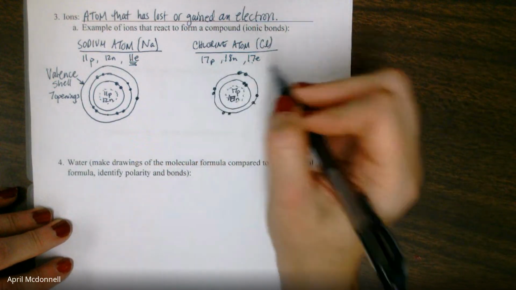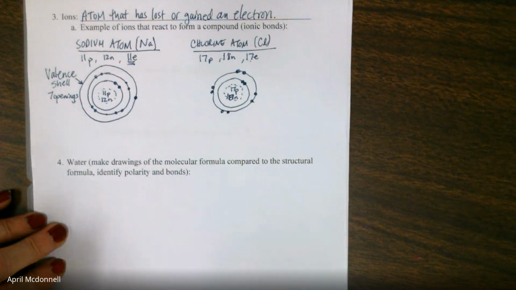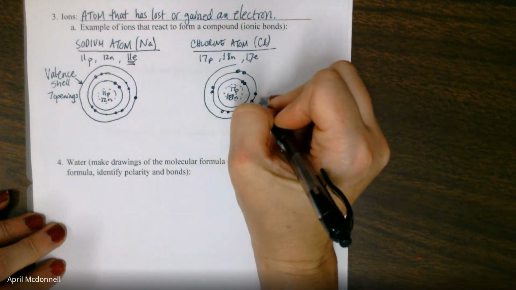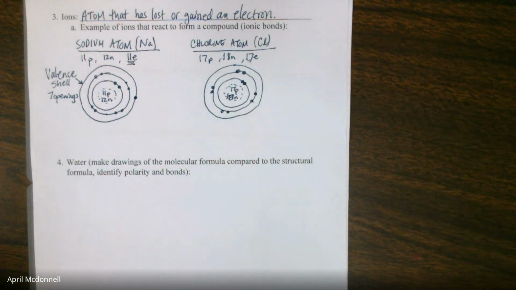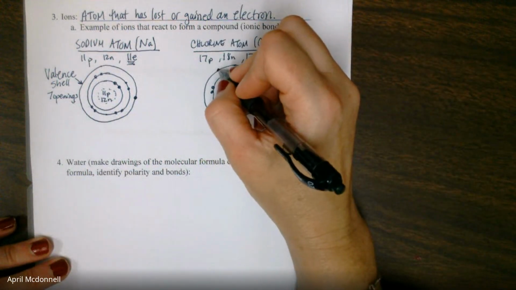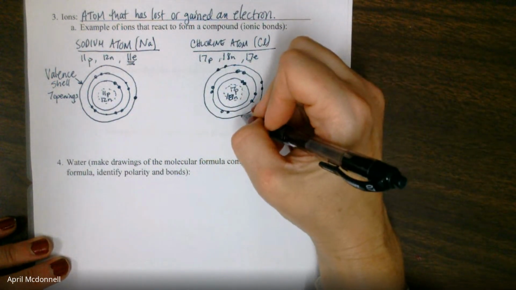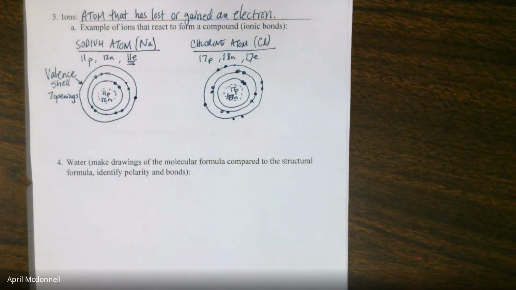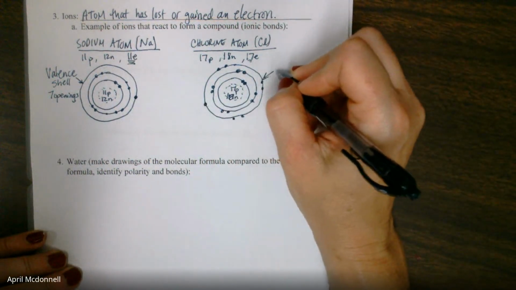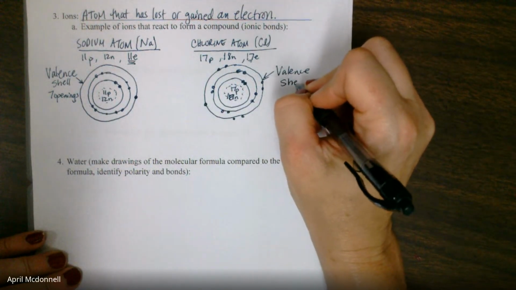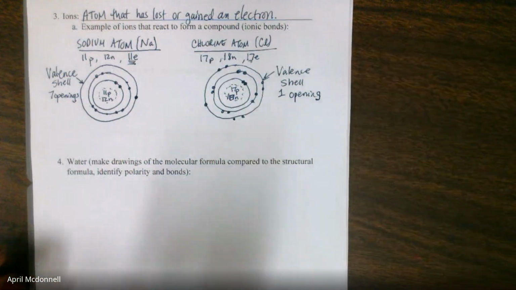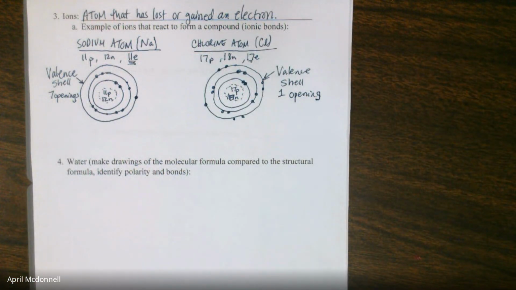Now we have a total of 10 electrons, but we still have 7 more to draw. So we have to draw a third electron orbital shell. How many electrons are going to be found in the third shell? 7 electrons. So how many openings does chlorine have in its valence shell? The valence shell has 1 opening.